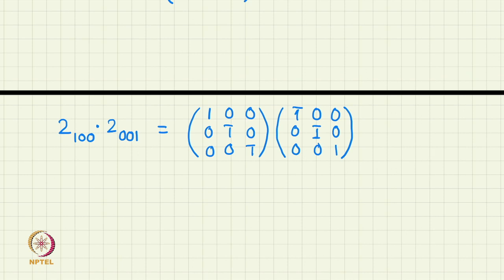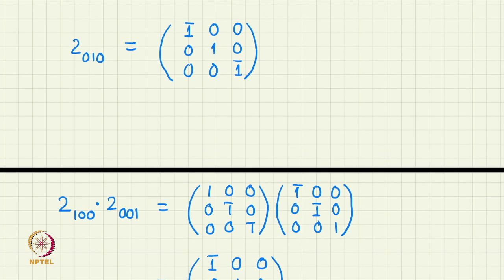by the matrix multiplication rule, and it is very simple because all the numbers are either 1 or 0. So, the first row with the first column gives me bar 1 here, and similarly it will give 0 here, then 0, 1, 0 and 0, 0, bar 1.